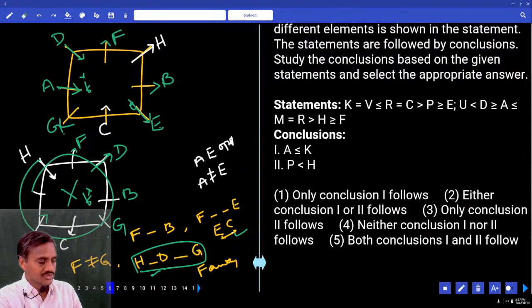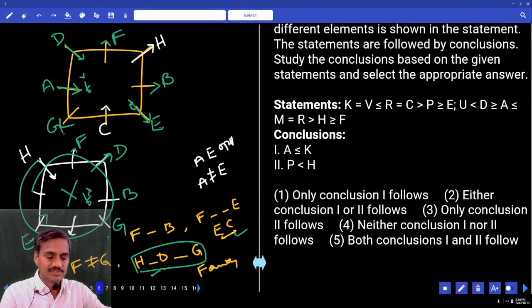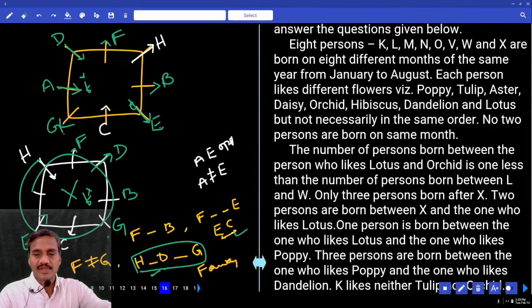Now out of those 2 sets, 16 to 20 first. In this 16 to 20, 8 persons were there, born on 8 different months.